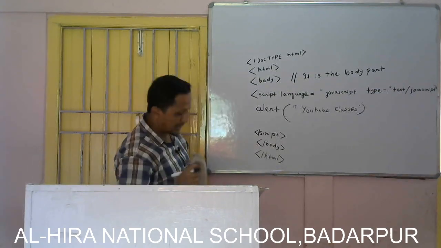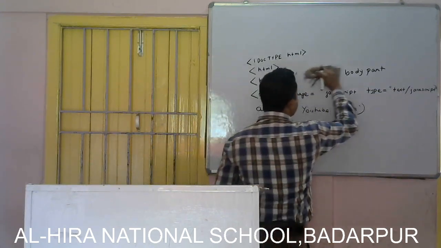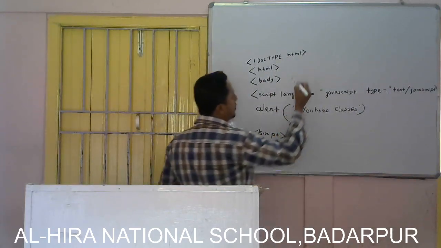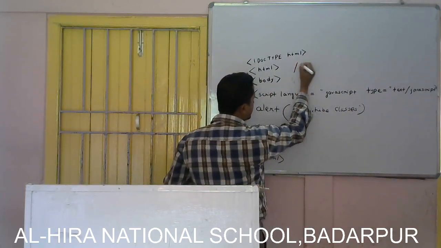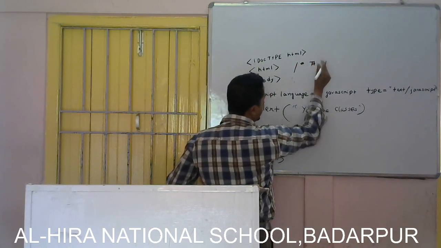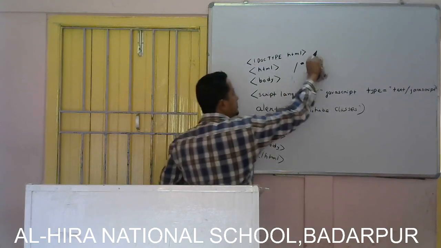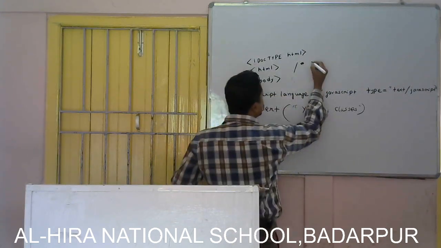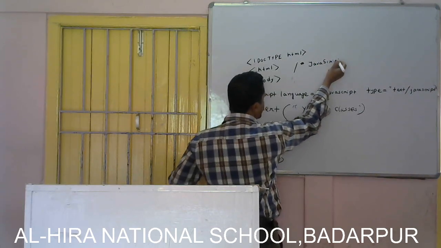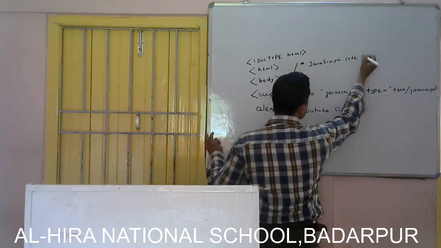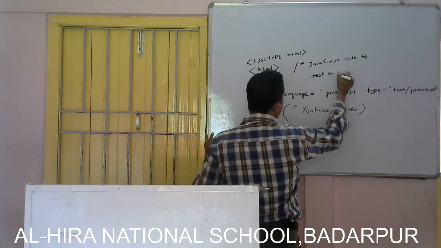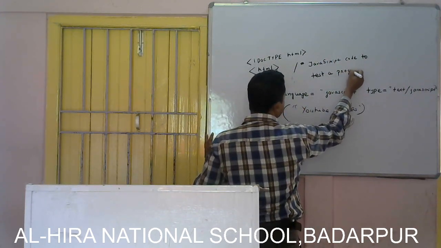Then we have another type of comment, which is known as a multi-line comment. Now what is a multi-line comment? A multi-line comment is like this: JavaScript code to test a program.